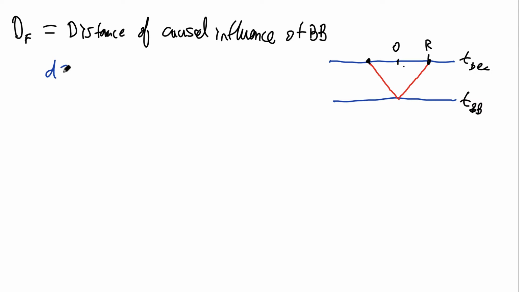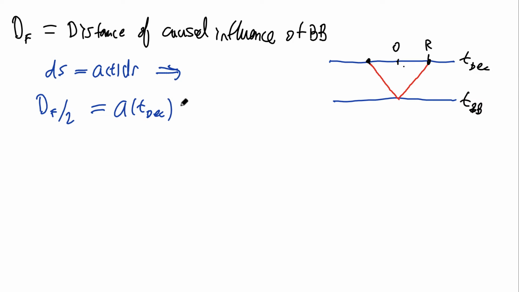Now by integrating ds equals a of t dr, we find that d f over 2, that's the proper distance from this event to this event, equals a at the decoupling time times capital R. And now integrating along this null direction, the null direction satisfies minus dt squared plus a of t squared dr squared equals 0.